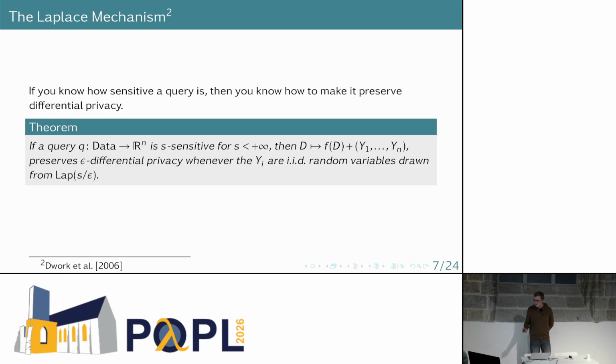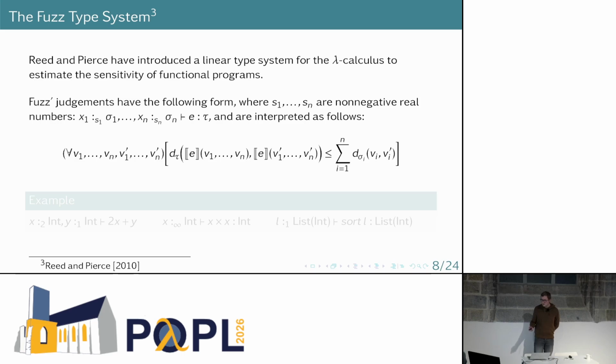Okay, so that was it for the introduction about privacy in general and sensitivity in particular. And now I'm going to talk a bit more about type systems and ways to bound this quantity for functional programs.